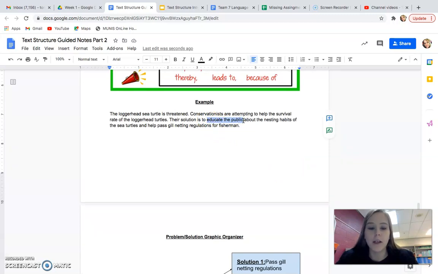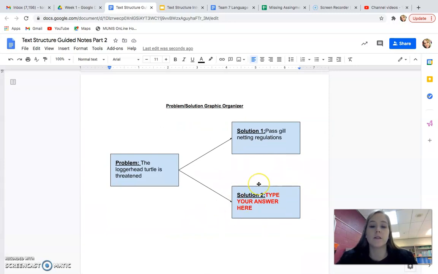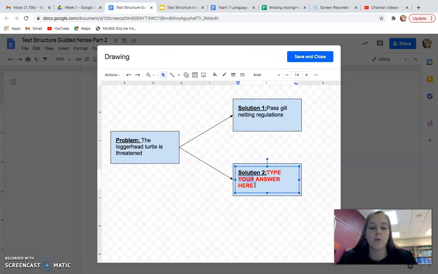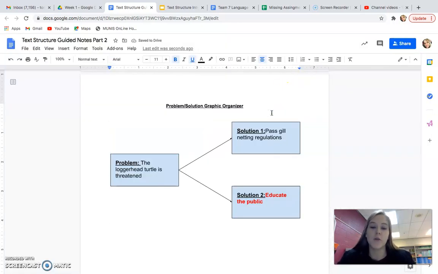Educate the public about the nesting habits of the sea turtles. So we're going to fill in solution 2, educate the public, with a tap tap. We're going to erase where it says type your answer here, and we are going to fill in educate the public. Save and close. If you have not filled in your graphic organizer on your notes, please go to your notes now and do that.